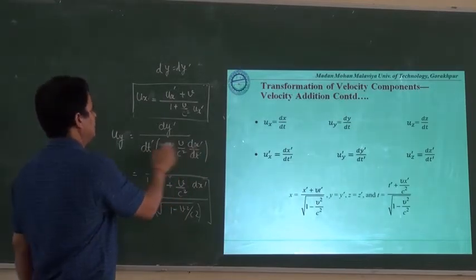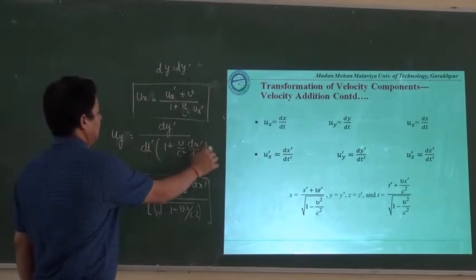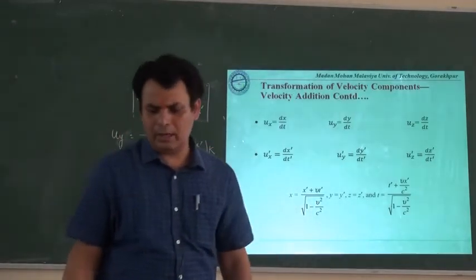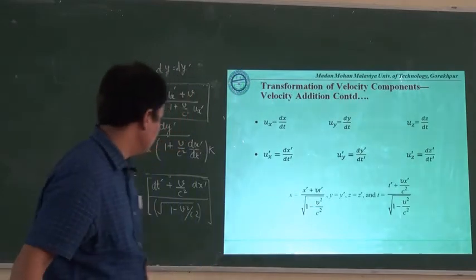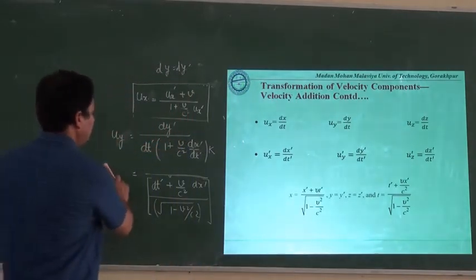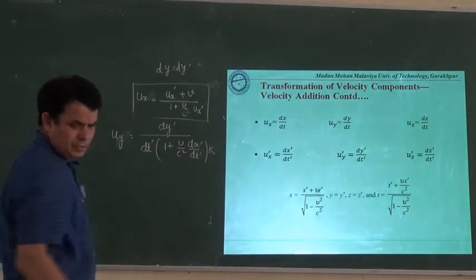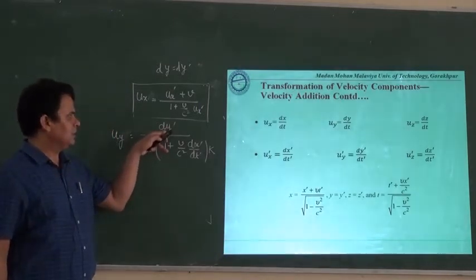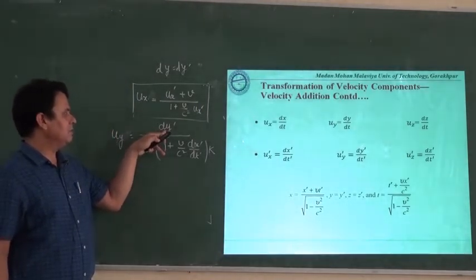For our convenience we may write it as k, because k is equal to 1 upon under root 1 minus v square upon c square. And by doing this, you may transfer this dt dash with this dy dash.